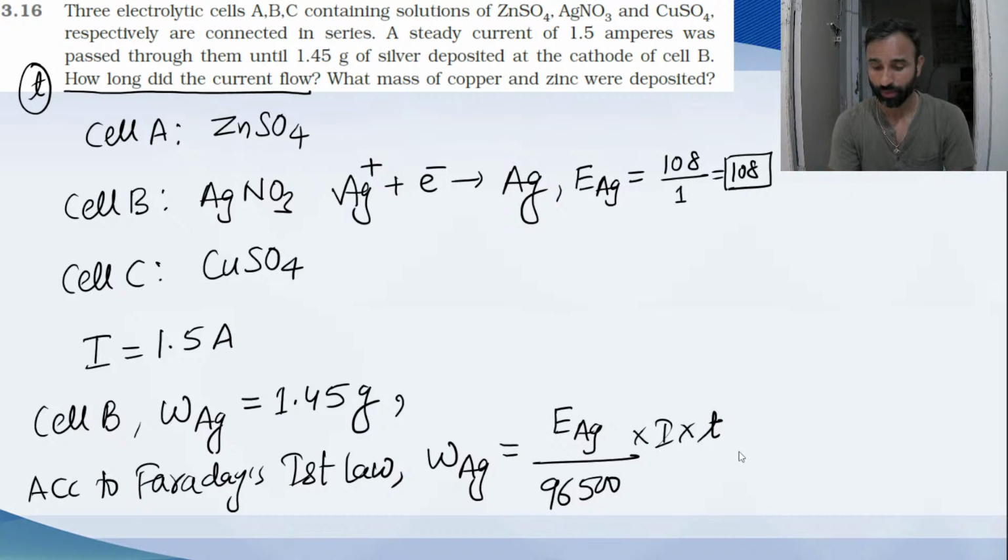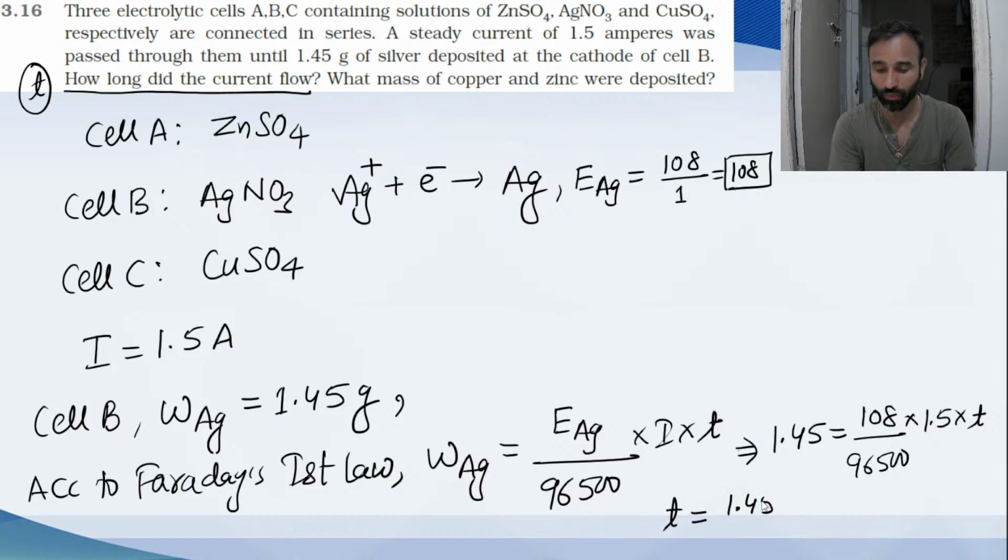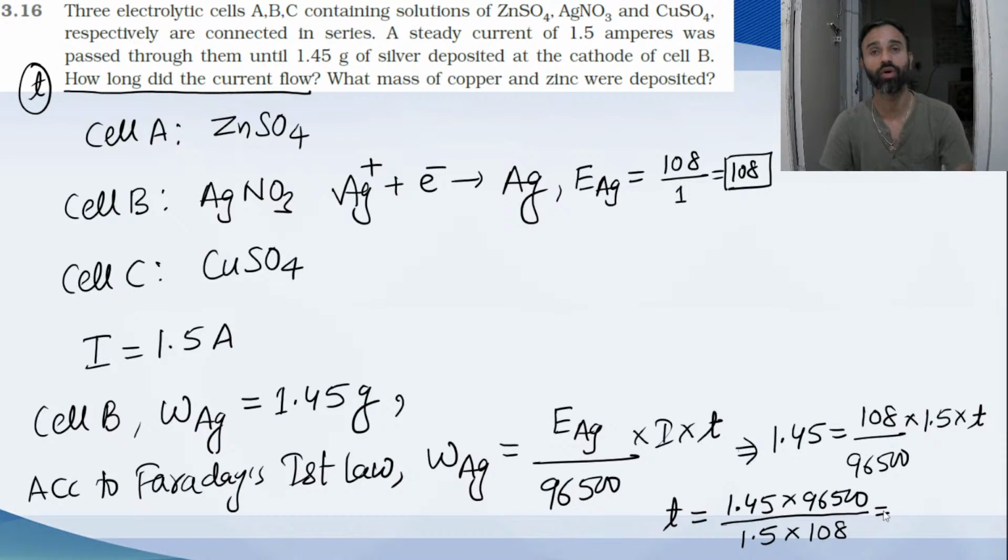So now just put the values. Weight of silver 1.45, equivalent weight of silver 108, 96500 into 1.5 into T. So in this way, T is equal to 1.45 into 96500 divided by 1.5 into 108.